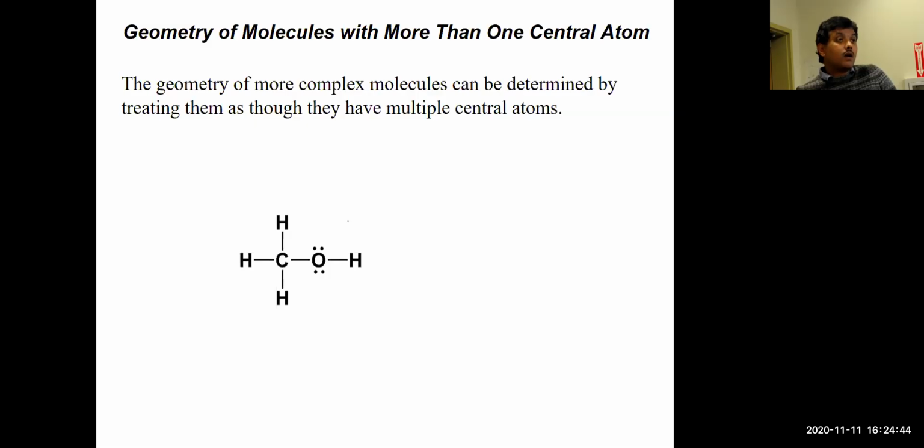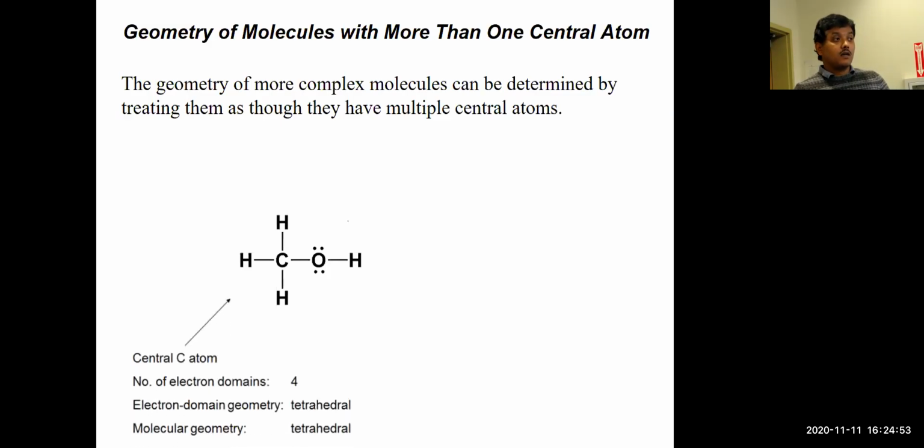What you have to do is look at each central atom separately. For carbon, you identify how many electron domains are around the carbon and comment on electron geometry and molecular geometry. That carbon has 4 electron domains because it is connected to 4 bonds, so it has tetrahedral geometry. Because all 4 are bonds and none are lone pairs, the molecular geometry is also tetrahedral.